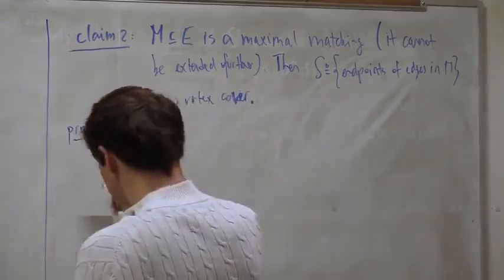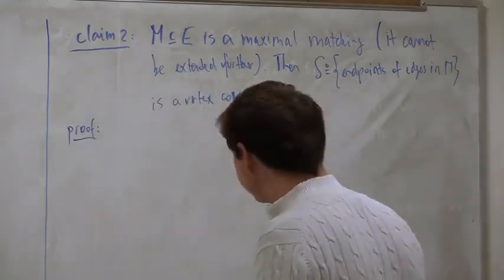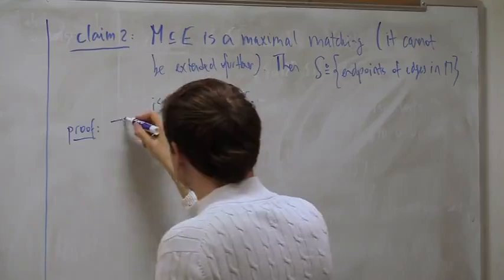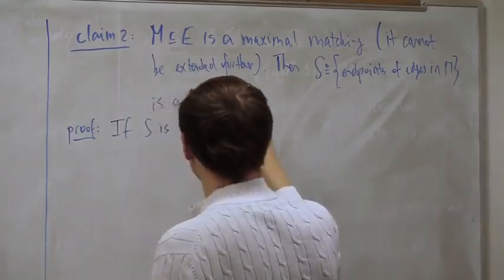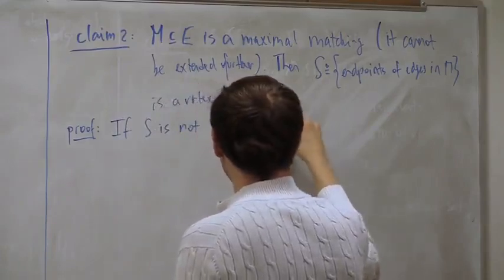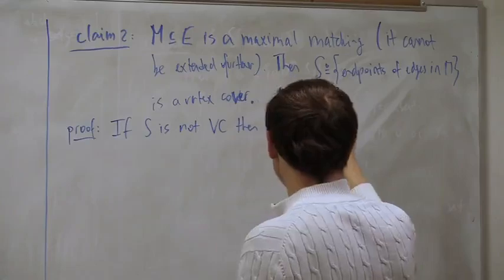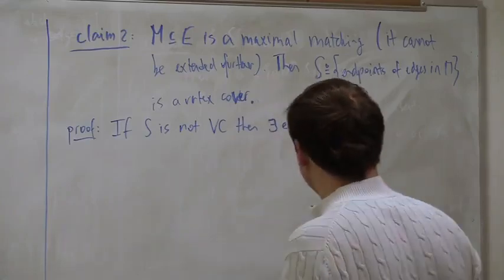The proof is also pretty simple. If S is not a vertex cover, then there exists an edge in the edge set that has no endpoints in S. Okay, that's what it means to not be a vertex cover.